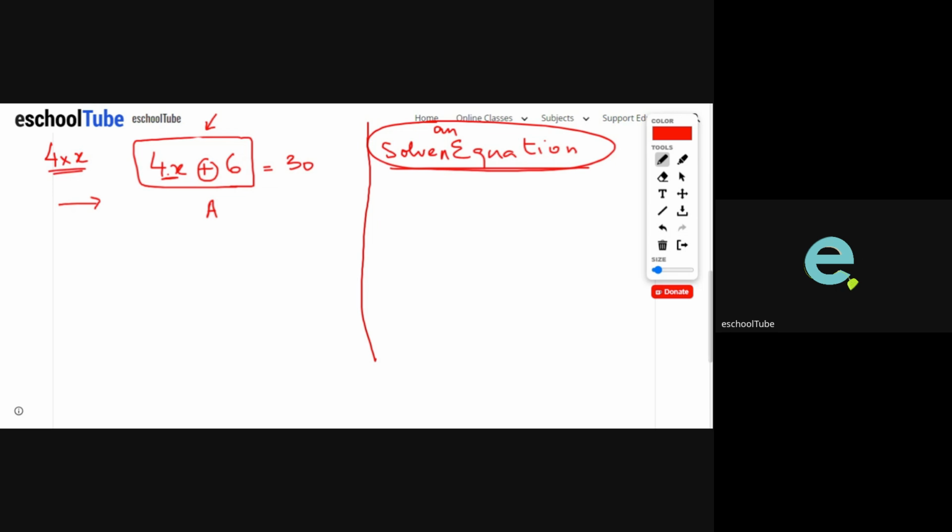Even if it is only written 4x, the operation is 4 multiplied by x. So there are two operations, multiplication and addition, on the left side.